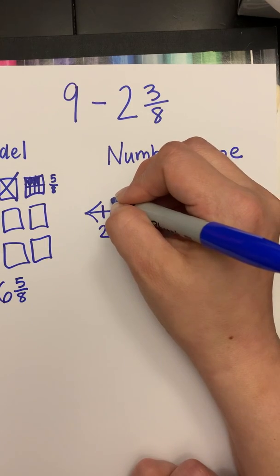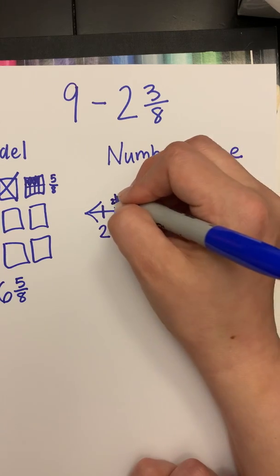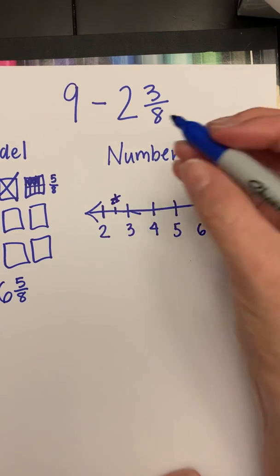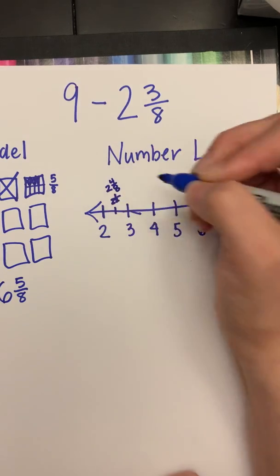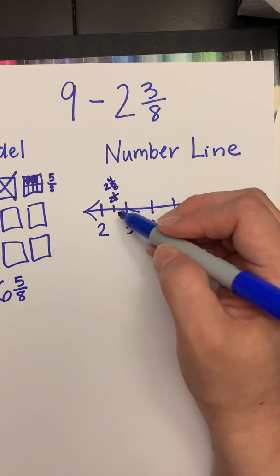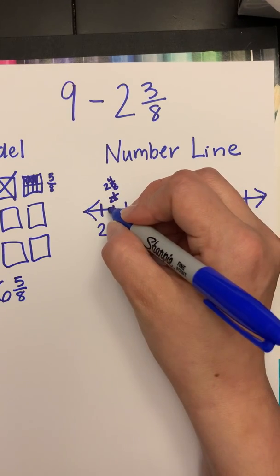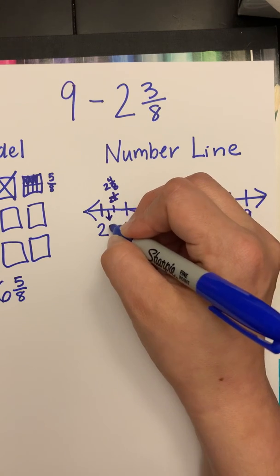I know this point right here is going to be 2 1/2. It's probably hard to see. Or it would be 2 4/8, because 2 1/2 or 2 4/8 would be halfway between 2 and 3. So that means 2 3/8 would be right around here.